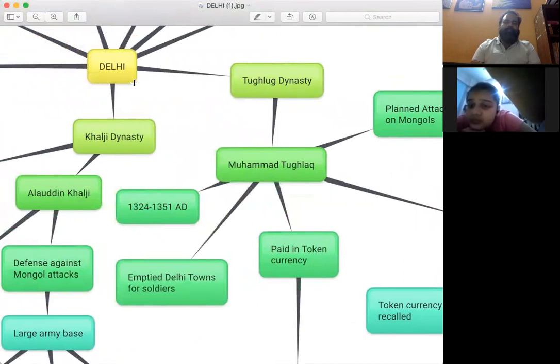That large army had to be situated somewhere near the headquarters. Delhi was the main capital, and around this area a lot of army bases are required. So if you hold the army over there, then common people were basically expelled from this place. They were sent to Daulatabad, another place, not in the south, but near Delhi only.